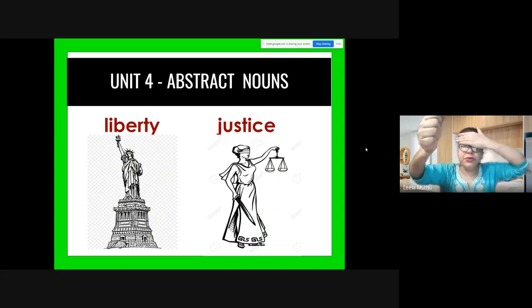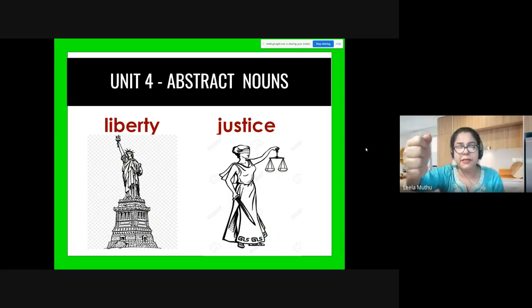Regardless, the blindfold shows that it does not care what status the person in front has. He may be poor, he may be rich, he may be ugly, he may be very beautiful or handsome, but it doesn't matter. You will receive justice, the correct justice, regardless of who you are. Okay? So, justice is represented by this lady.